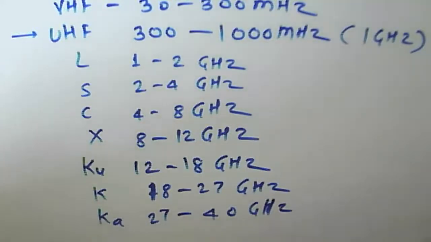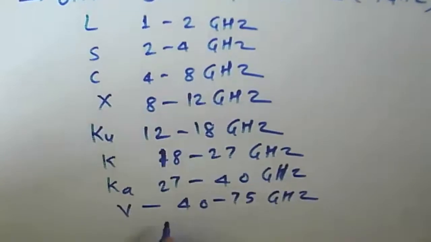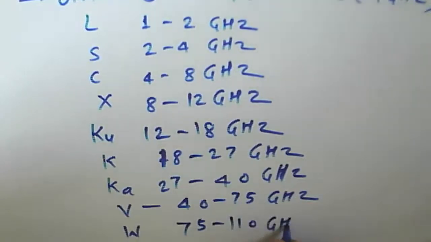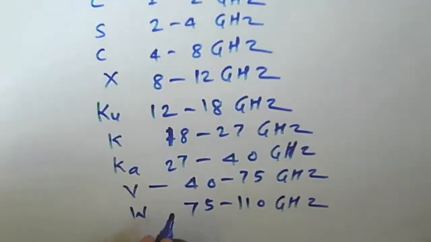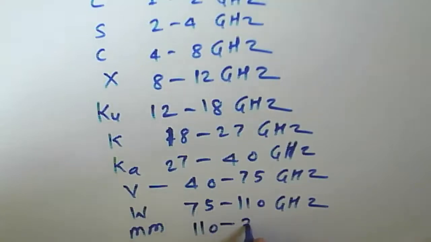Above that is the millimeter wave, where people use the name V band, which is 40 to 75 gigahertz. Then the W band is about 75 to 110 gigahertz. Then that is the millimeter wave or millimeter band, from 110 to 300 gigahertz.